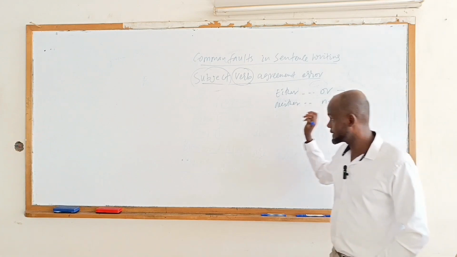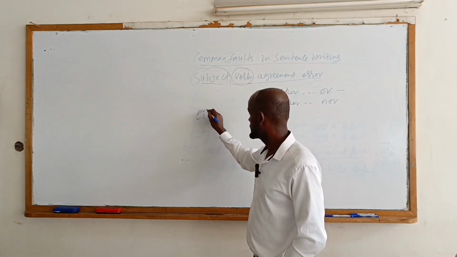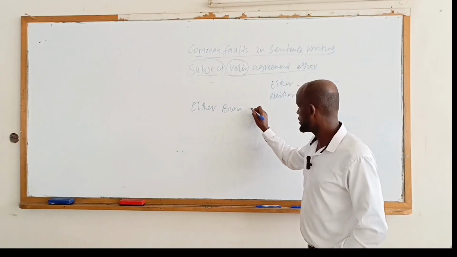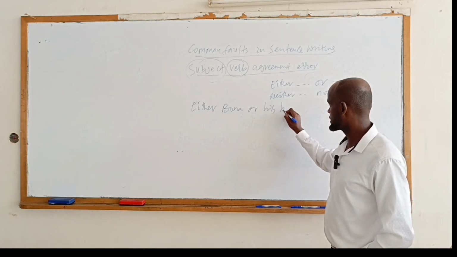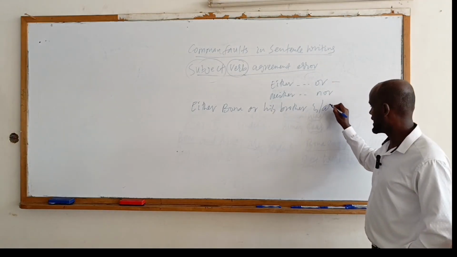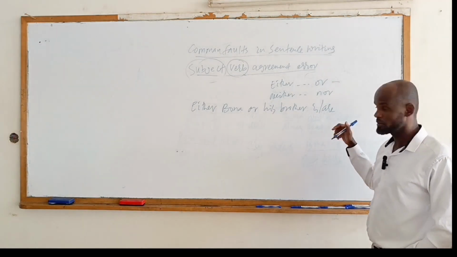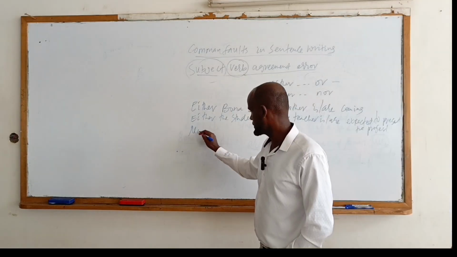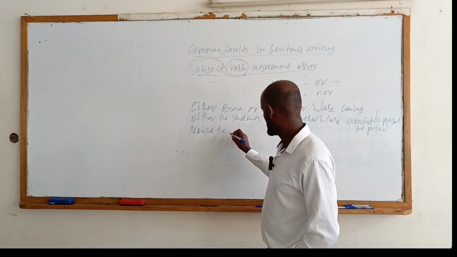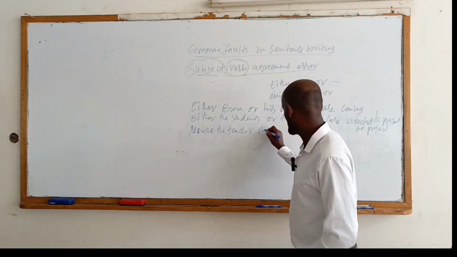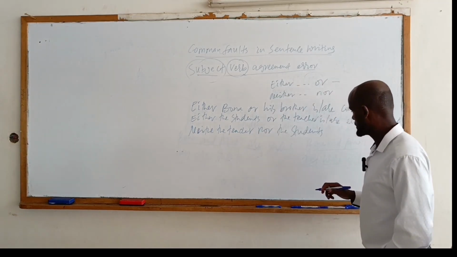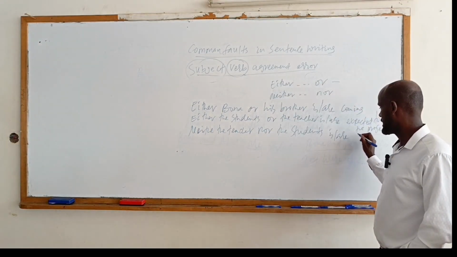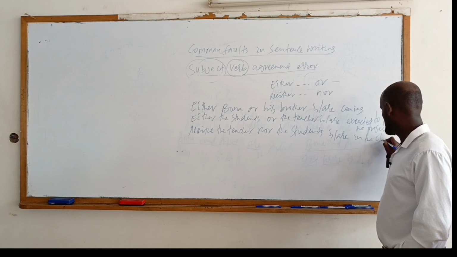So don't forget: either Bona or his brother is or are, you will tell me later on, coming. Neither the teacher nor the students is or are in the class.